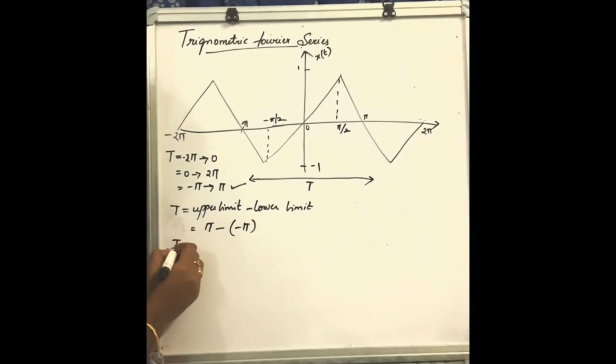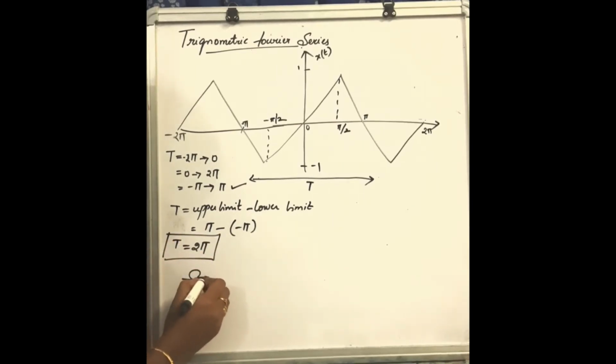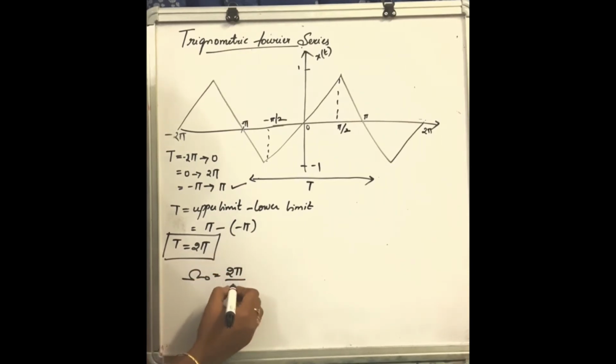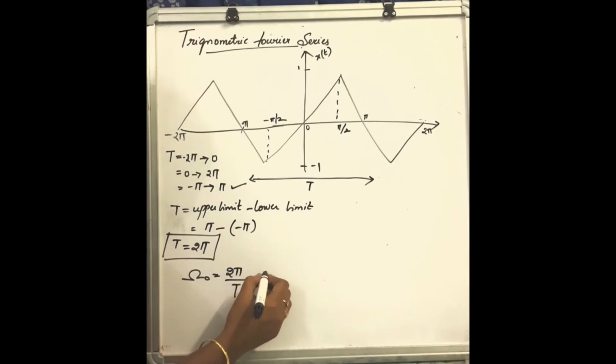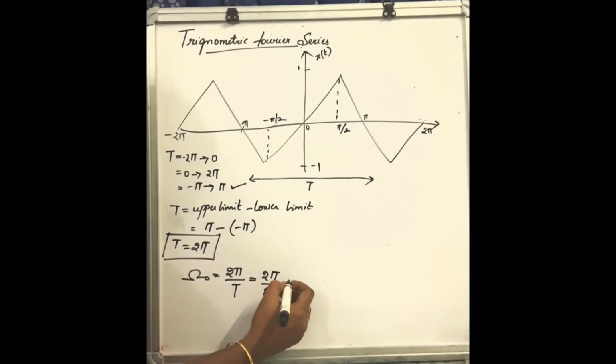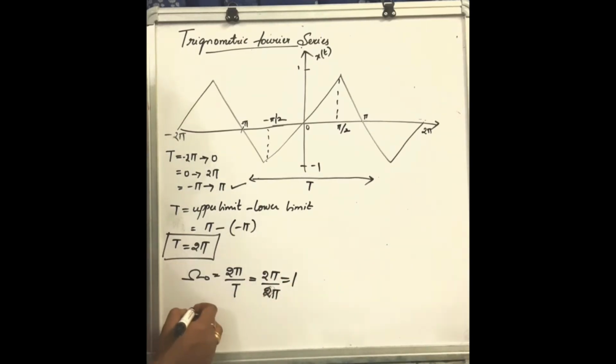So T is equal to 2 pi. First thing we have found. Second is omega naught, which is equal to 2 pi by T. By formula, when we substitute the value of T, it becomes 2 pi by 2 pi, which is equal to 1. Therefore, omega naught is equal to 1.